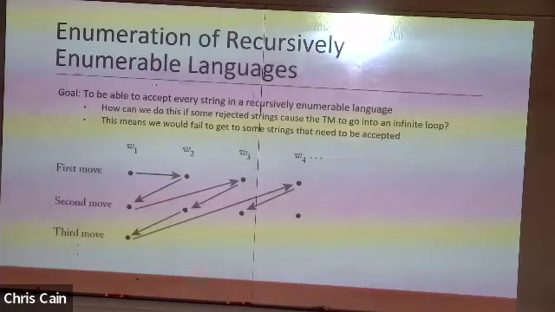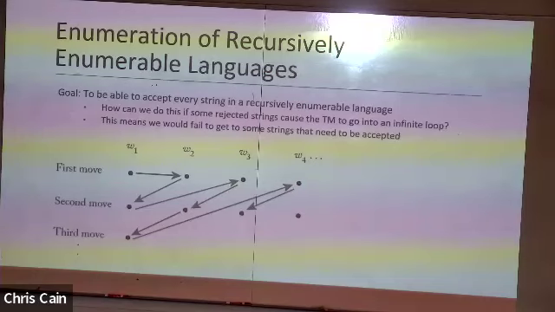We're not waiting to answer yes or no. We're just simulating the next move on each string as we diagonally start looking at more strings and longer iterations, letting them run longer. So it's a very theoretical concept, but this will work. This will allow us to spit out new strings in a recursively enumerable language.